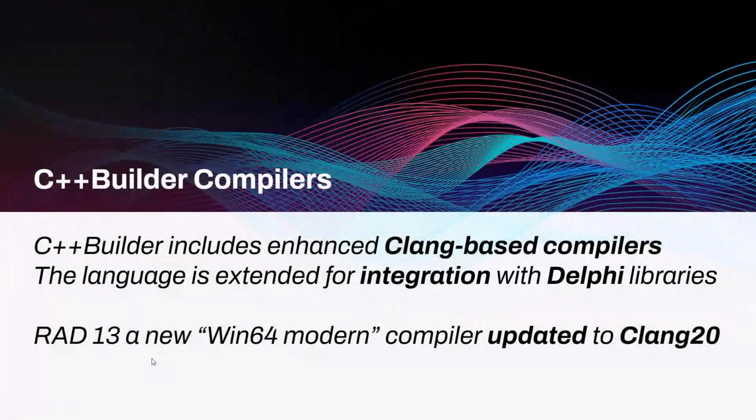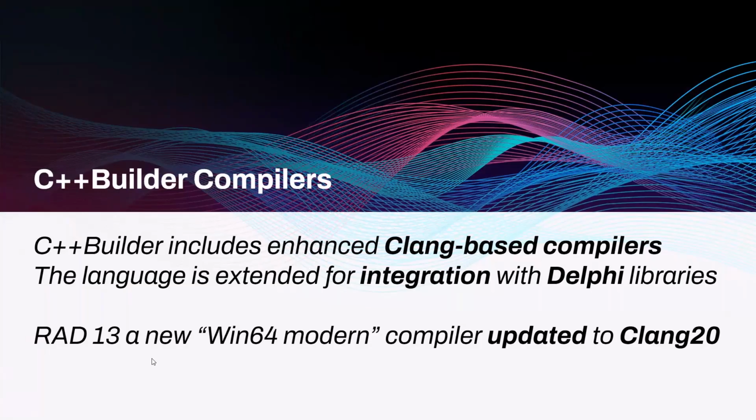On the C++ side, we're very committed to C++. So in this new release, we've updated our toolchain even more, because in case you're not aware, in version 12.0, we started a whole revamp of the C++ Builder toolchain, from the ground up.